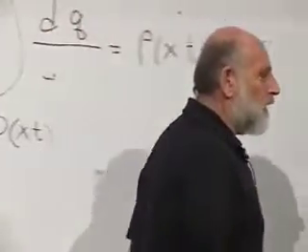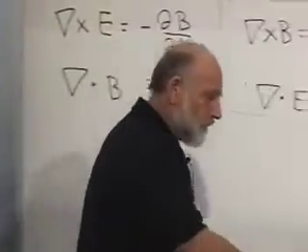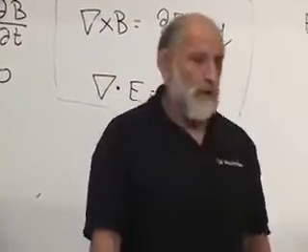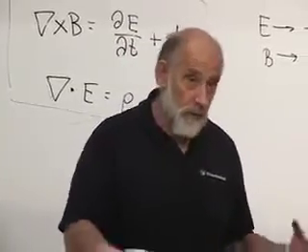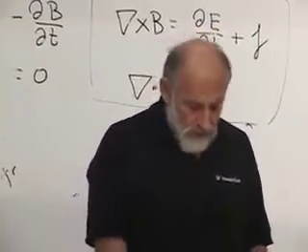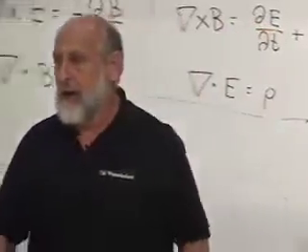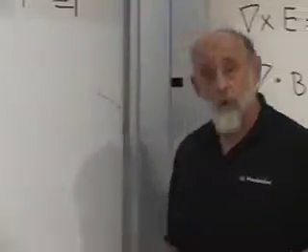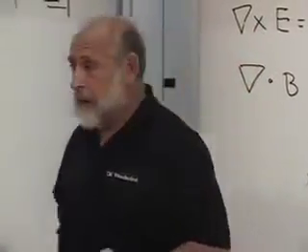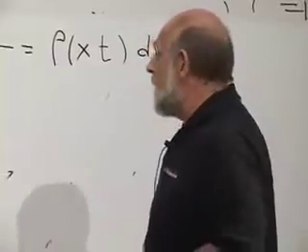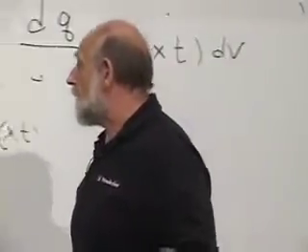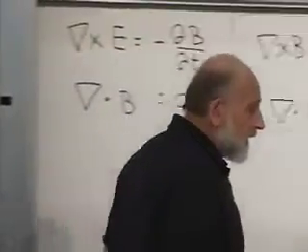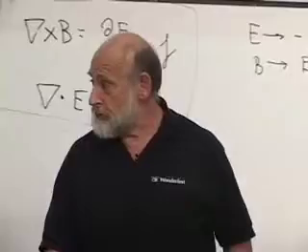Now, charge is not allowed to just change someplace and reappear someplace else. First of all, the empirical law of nature is that the total amount of charge in the universe never changes. That's called conservation of electric charge.